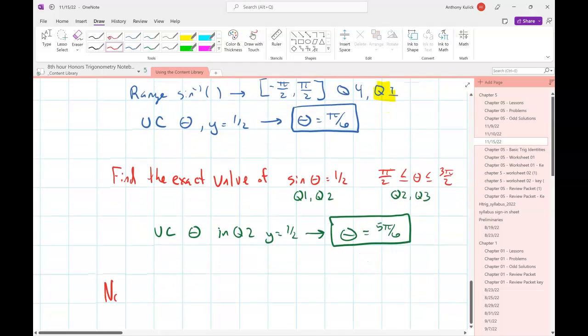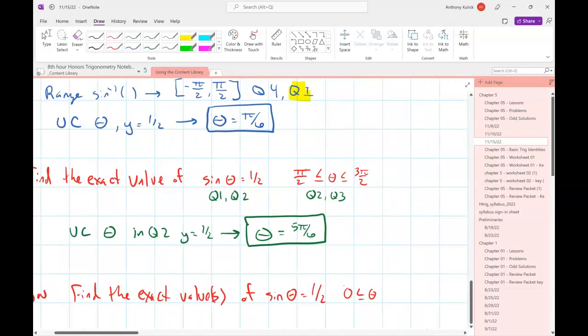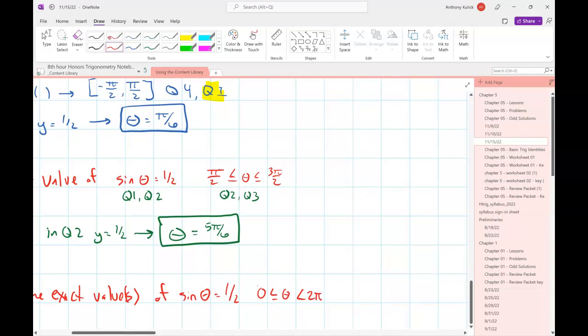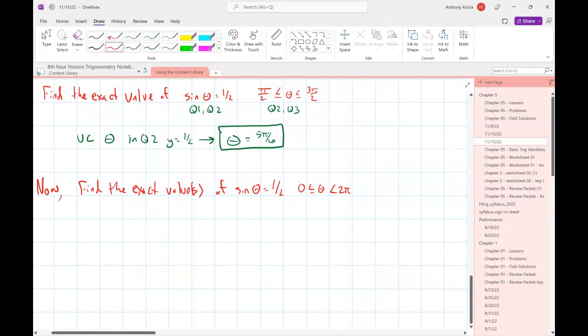Now, what if I ask you to find the exact values, possibly, of sine theta equal to 1/2 on the interval from 0 to 2 pi?